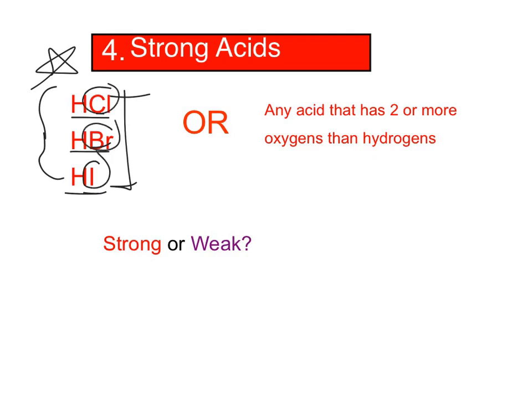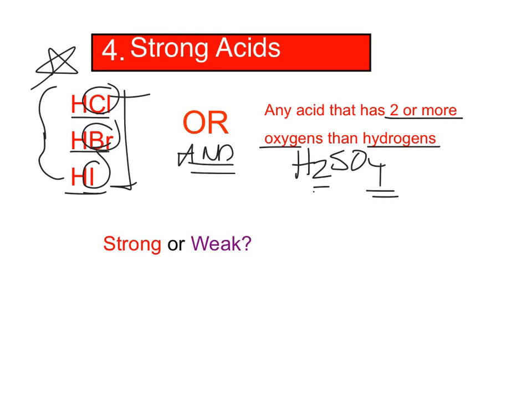Those 3 acids are strong, and so is any acid that has 2 or more oxygens compared to hydrogens. For example, H2SO4: if you compare hydrogens to oxygens, there are 4 oxygens and 2 hydrogens, at least 2 more oxygens than hydrogens, so that's a strong acid.